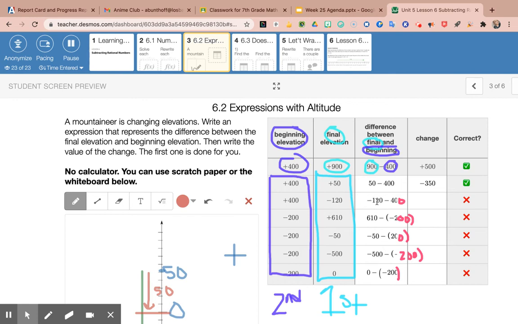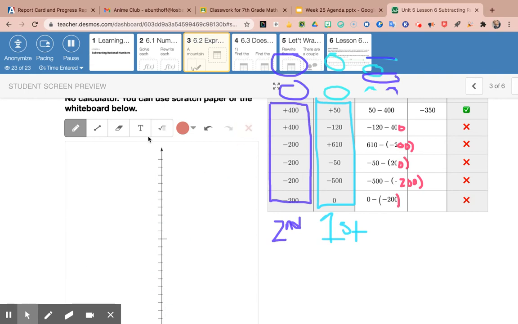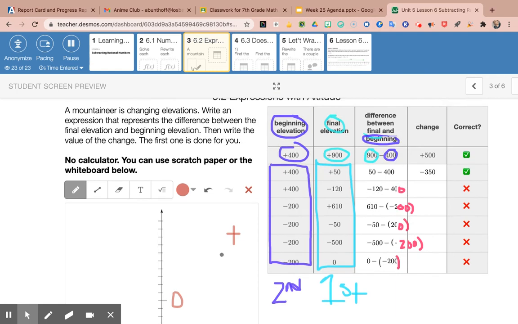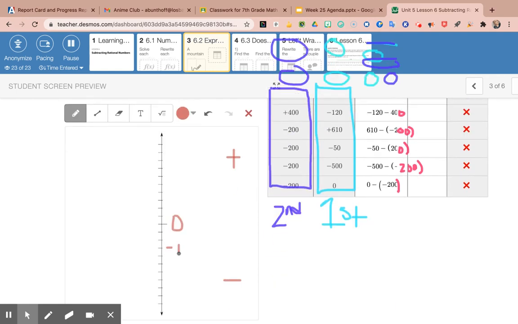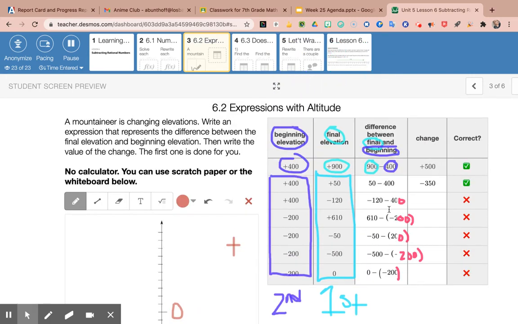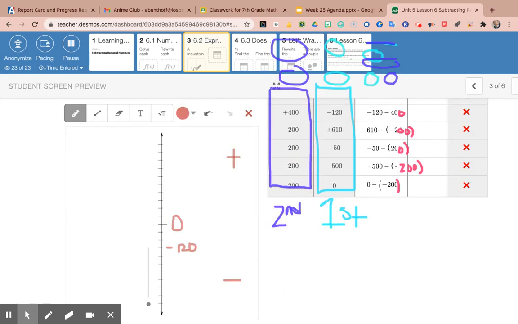Next, I have negative 120 minus 400. So I'm going to clear this. 0, these are positive, these are negative. I'm going to start here at negative 120, so I'm down here in the negatives. And I'm subtracting 400. So I'm going down, I'm taking away 400.